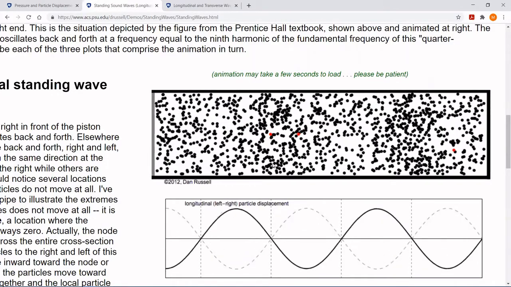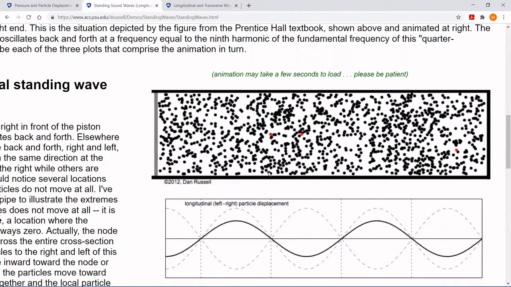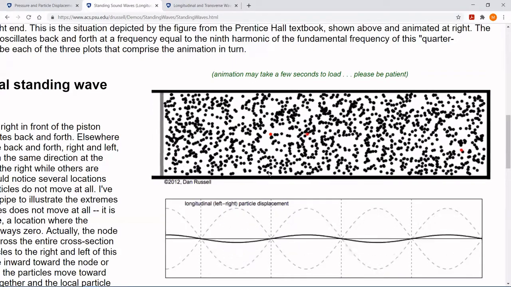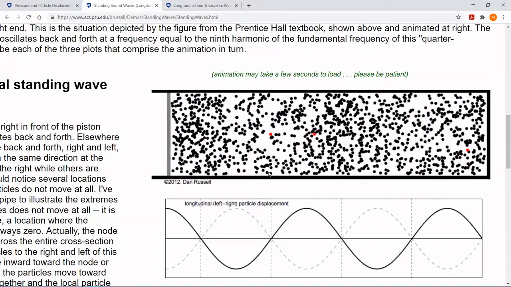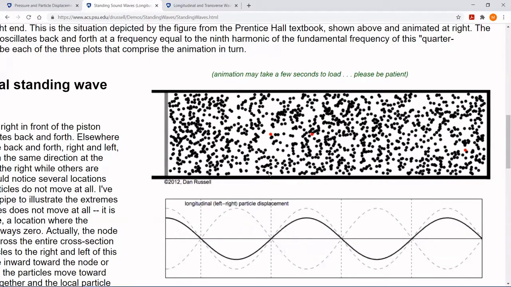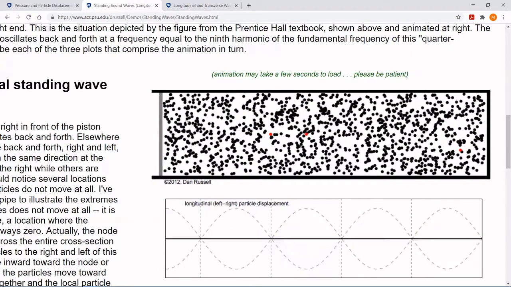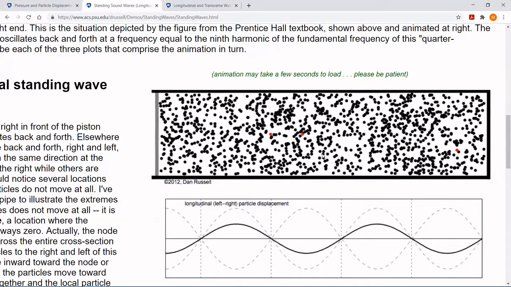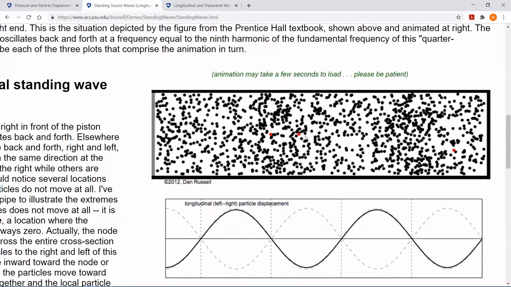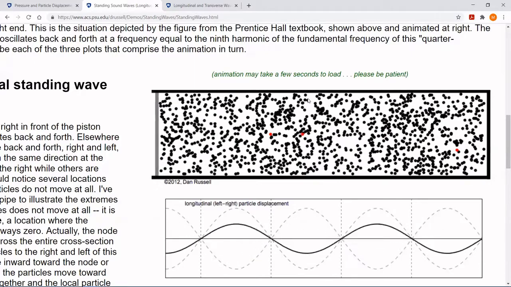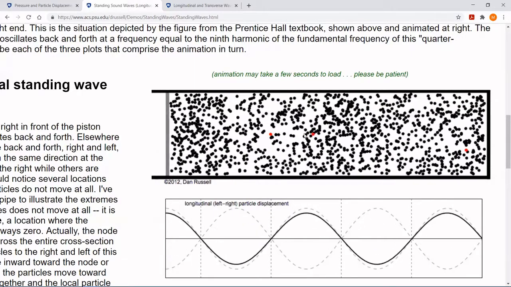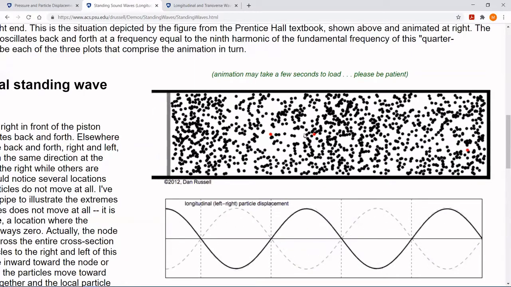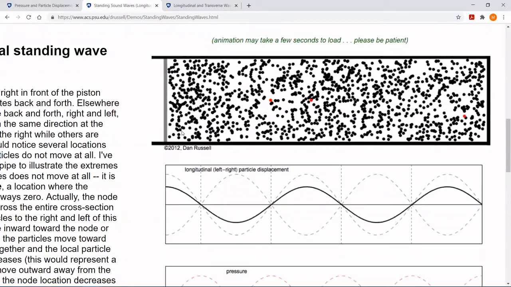The particles that line up vertically with that one have very small or zero amplitude of oscillation. And that position of zero amplitude oscillation stands in place, standing wave. Whereas the regions with large amplitudes of oscillation, it looks like he's got this other dot highlighted in red. That vertical location of particles with large amplitude oscillations also stands in place. So there's the meaning of the term standing wave.